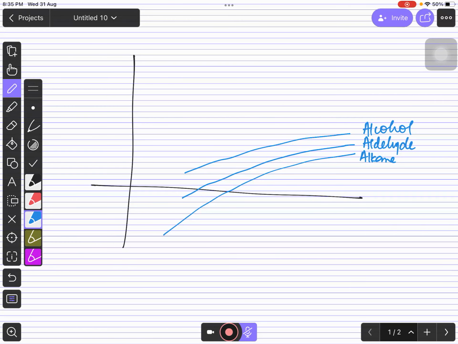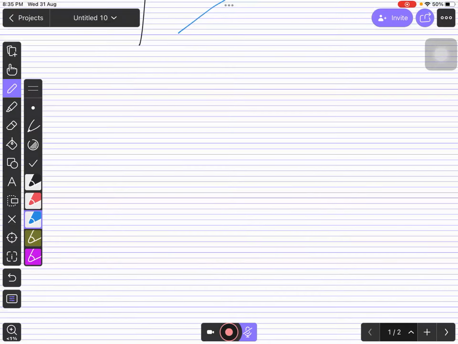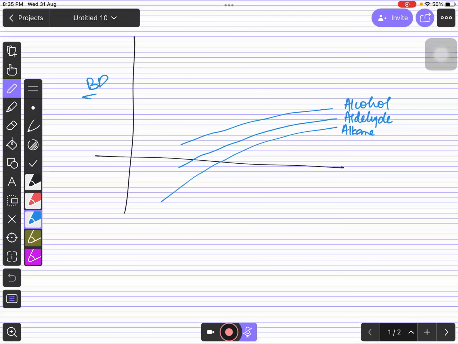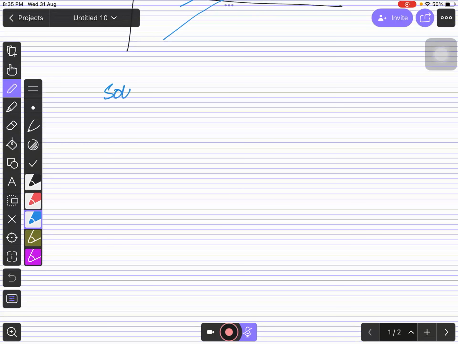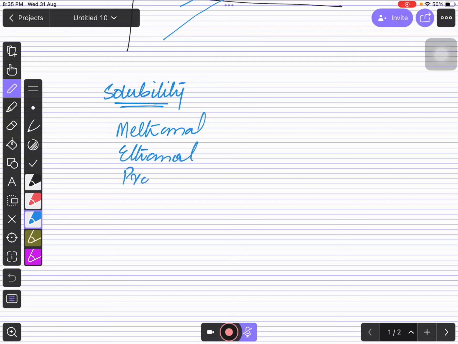Now, if you talk about solubility, we have a few slightly soluble compounds. They start from 1, 2, or 3 carbons, I think, like methanol, ethanol, and propanol.